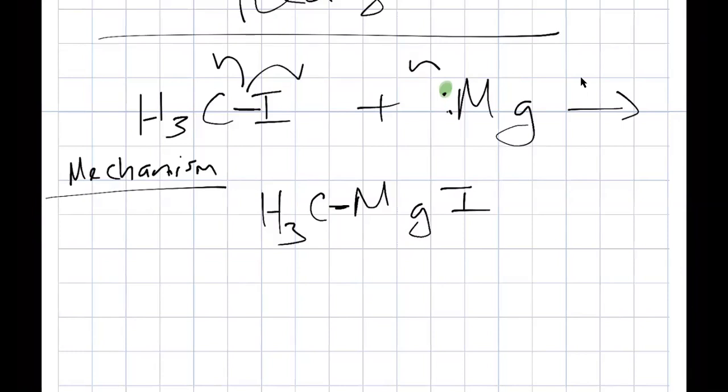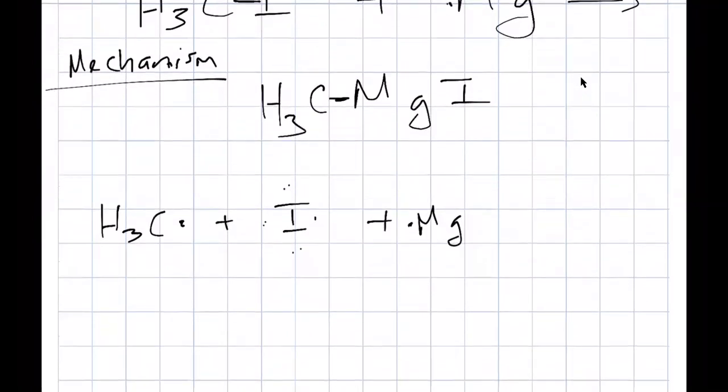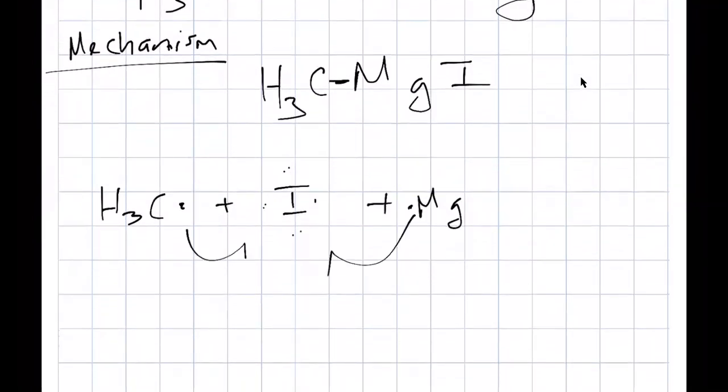You get a carbon radical: carbon with one electron, plus iodine, plus magnesium with one electron. And now the magnesium and the carbon can form a covalent bond with that one electron that's left on magnesium.